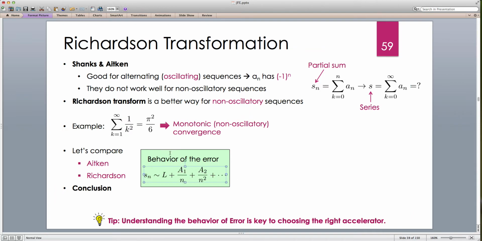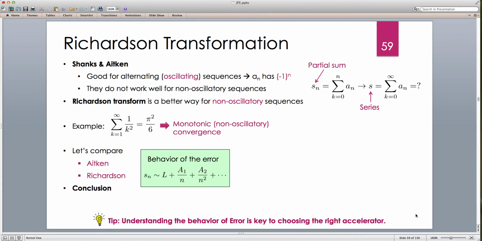We already said that if you estimate the error by approximating an integral of 1 over x squared, you get 1 over n, all right? Now this series is not oscillating, is not alternating sign between -1 and 1, so it doesn't have a (-1) to the k term, which means most likely if we apply Aitken or Shanks, we don't get a good convergence or a good acceleration.